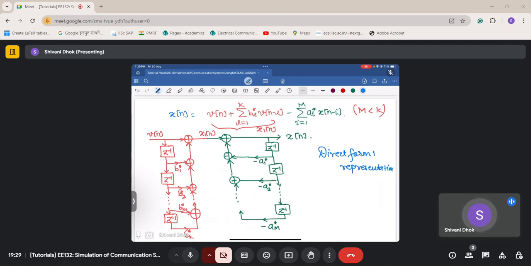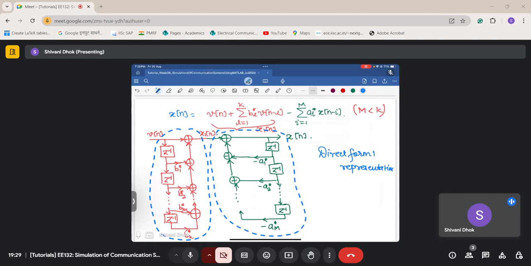This is an inefficient way of doing this thing, because why? This particular thing here is one system, this particular thing is another system, and all of these are having delay elements and delay elements here. So what we can do is, convolution is a commutative operation. So we can interchange these systems like this. We can interchange the order of these two.